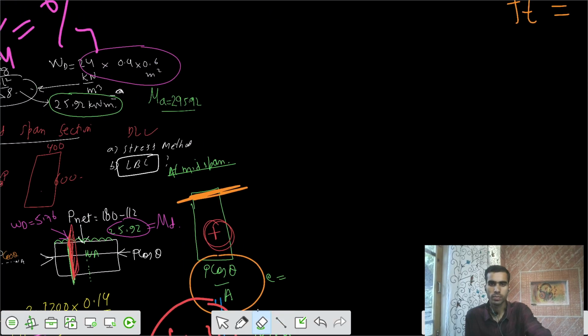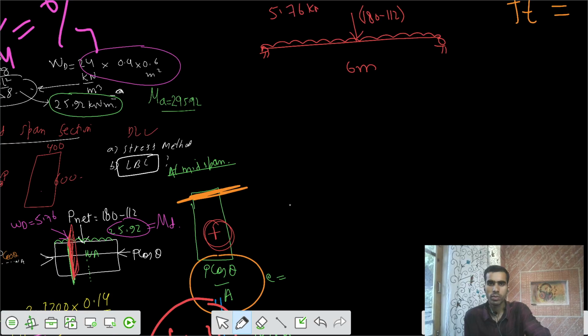Let's go for that. There is a beam of 6 meters with 2 supports and a net load, 180 minus 112 kilonewton at the midspan, and some dead load of 5.76 kilonewton per meter.